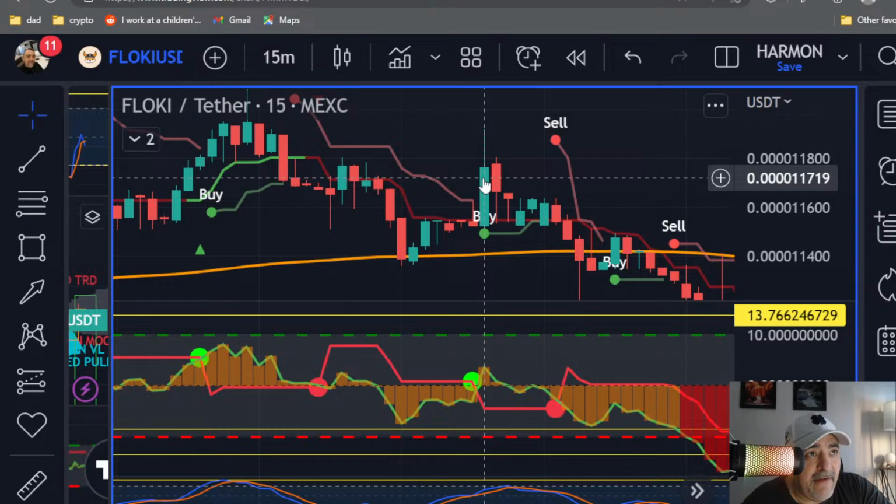Now this one is a moon and a buy. Moon, buy, positive volume.